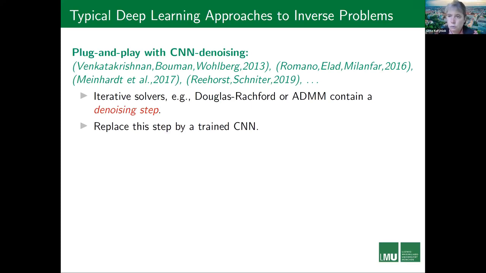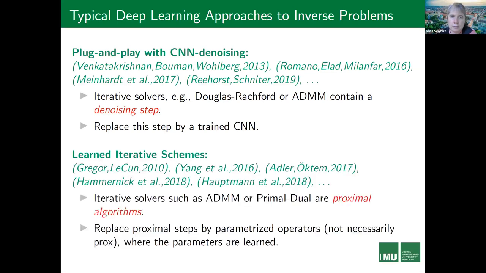Now, neural networks are really good at denoising. So the idea with plug and play is basically to take a trained neural network and insert it there, training it for doing denoising. This is called plug and play because you can plug things in at different places.